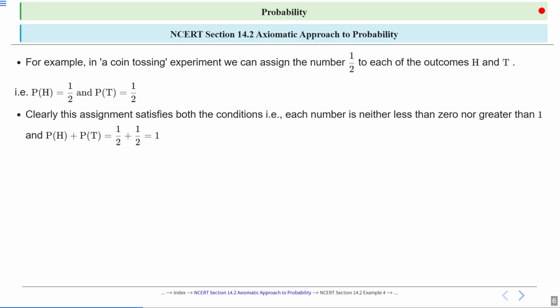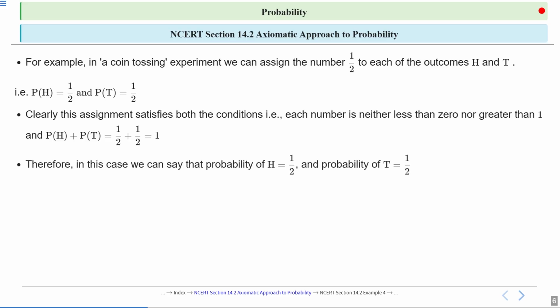You can check the second condition also: P of H plus P of T. If we add the probability of getting head and the probability of getting tail, we get 1 by 2 plus 1 by 2 equal to 1. Therefore, the probability of H is 1 by 2 and the probability of T is 1 by 2. So in a coin tossing experiment we assign 1 by 2 to each of the outcomes H and T, and then we verified the conditions.